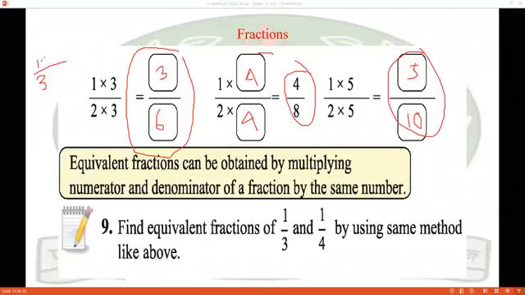At first we multiply by 2. 2 into 2, we get 2 by 6. This is an equivalent fraction of 1/3. Then we multiply 1 by 3 by 3.